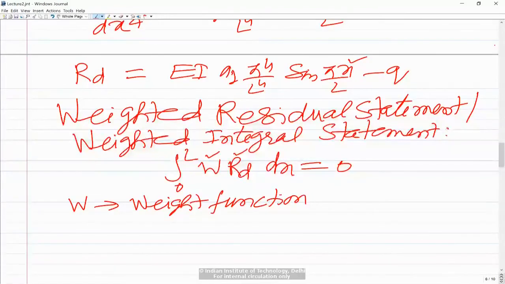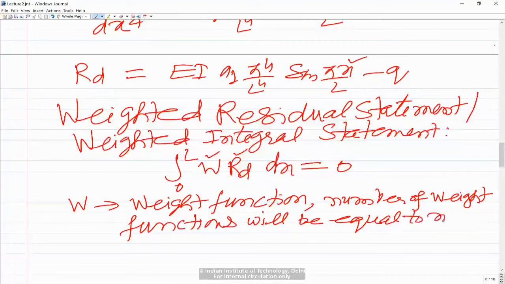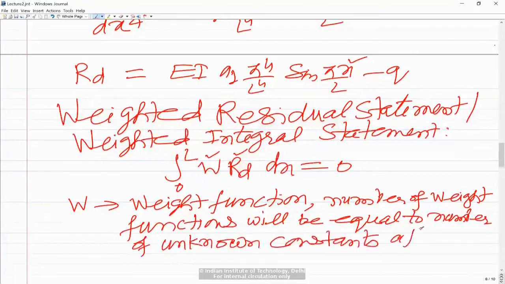This is known as the weight function, and the number of weight functions can and should be chosen equal to the number of unknown constants after satisfying the boundary condition.